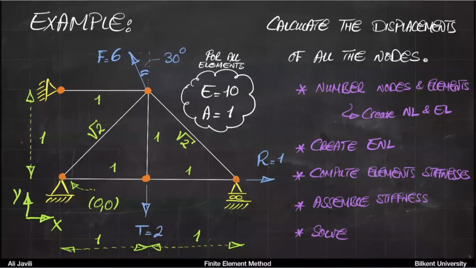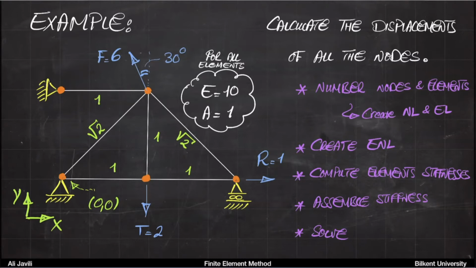Remember these for what we are going to do next. So now we want to solve this starting from the first step. The first thing we need to do is to number the nodes and elements. Okay, so let's number them.